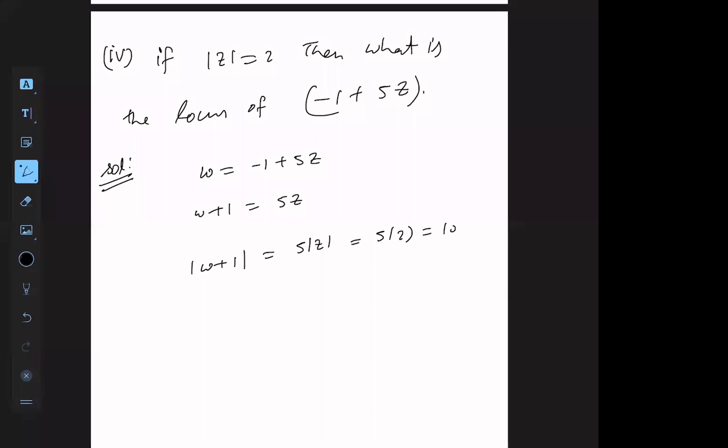What does modulus of w plus 1 equal to 10 represent? w lies on a circle having center at minus 1 comma 0 and radius 10.